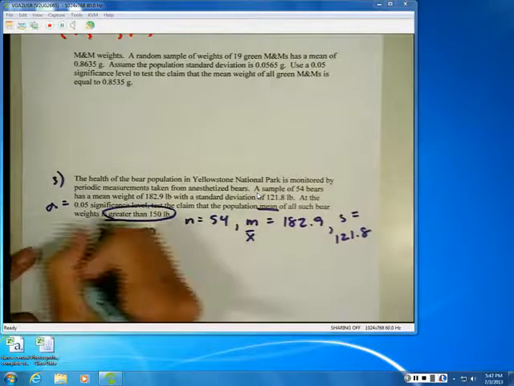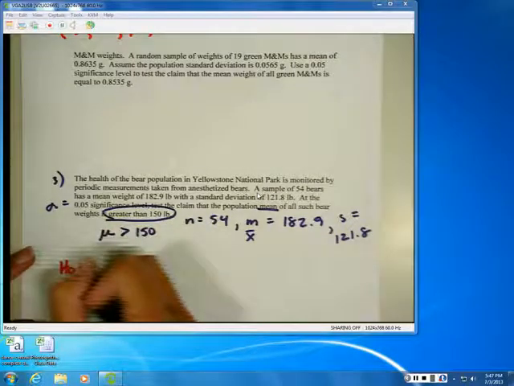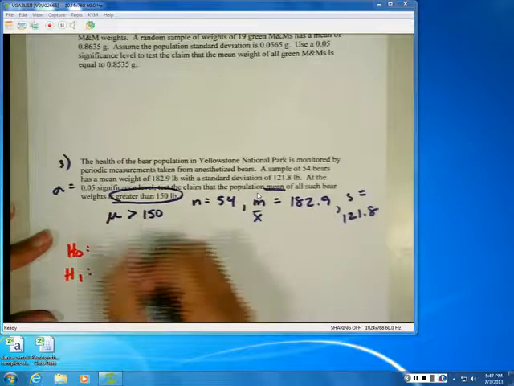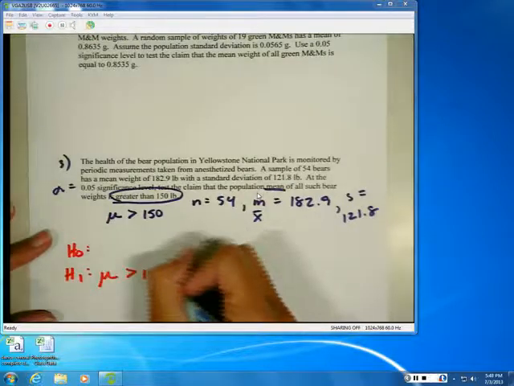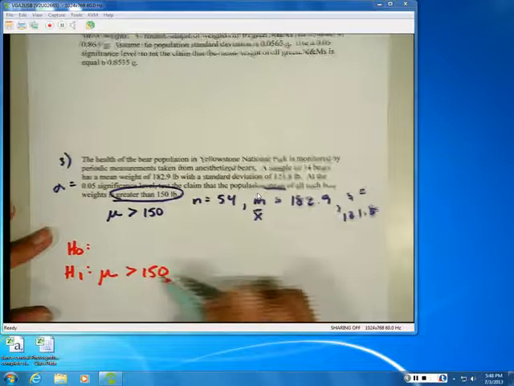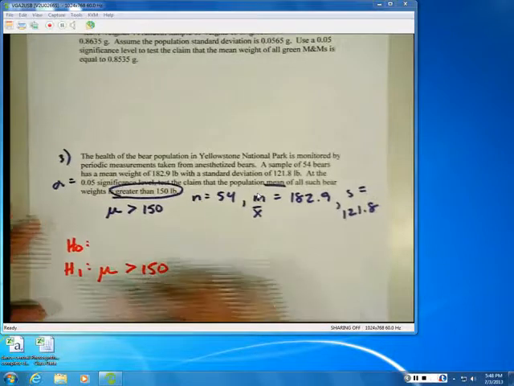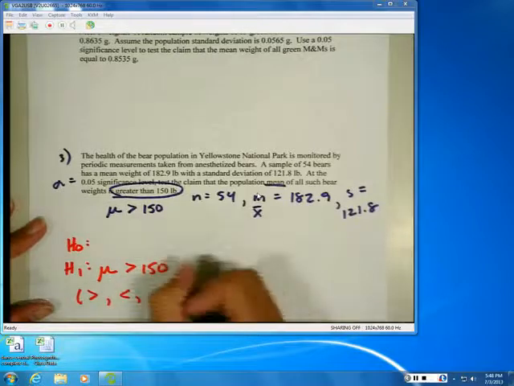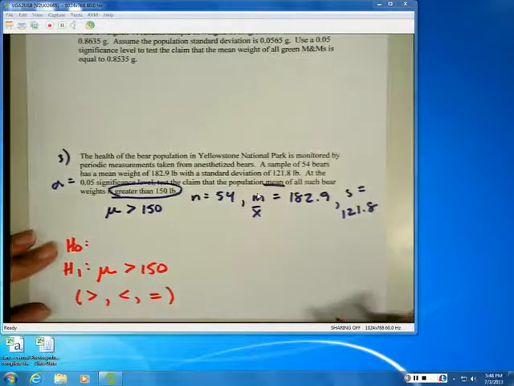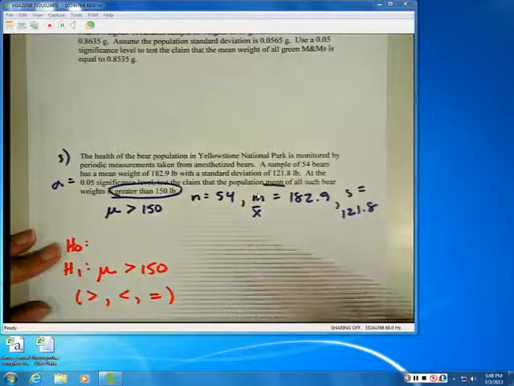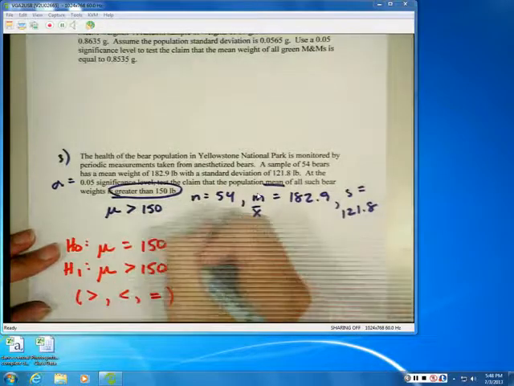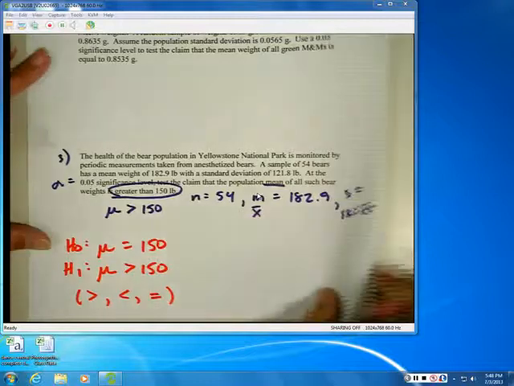So when I put these together, I know that this mu greater than 150 has to be in the alternative hypothesis because that's where greater than, less than, or equals lives. In the null hypothesis, that's equals. So mu equals 150.